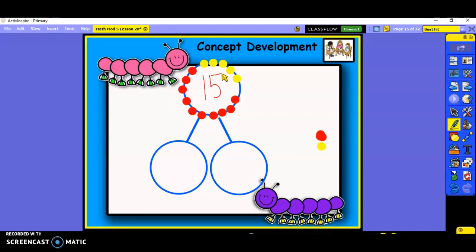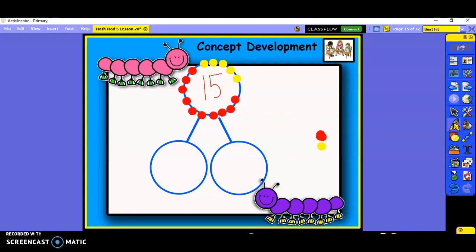I can also see that 15 in two parts. Do you see your two parts of 15? Yes, I see a red part and a yellow part. I'm going to move my parts down on my number bond.